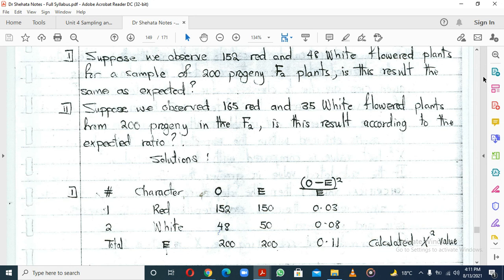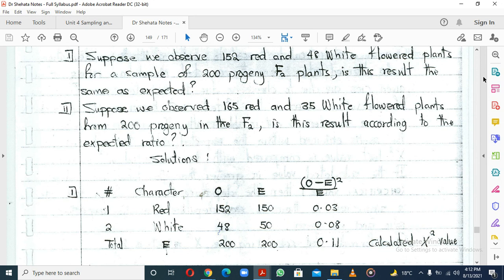So to find the expected number of red flowers, we say 3 over 4 times the total number of our sample, which is 200 plants. 3 over 4 times 200 gives an expected 150.